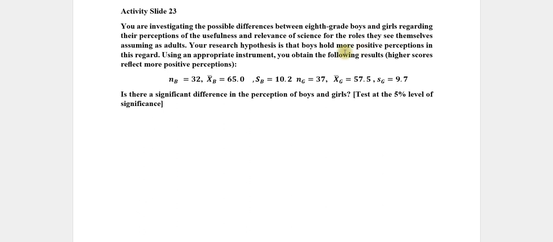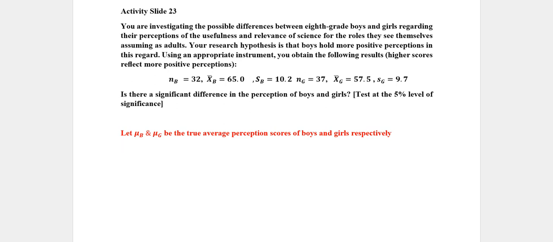So let mu b and mu g be the true average perception scores of boys and girls respectively.